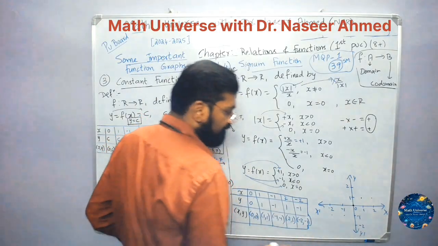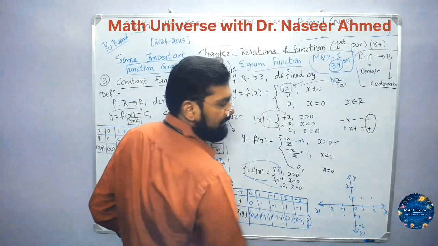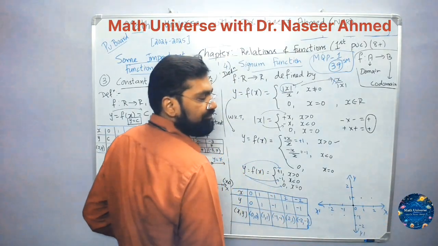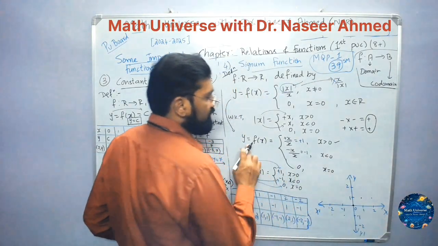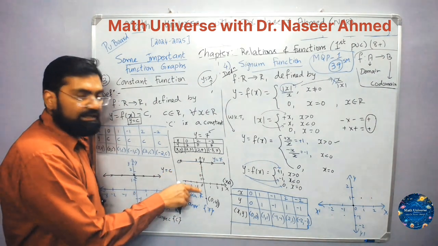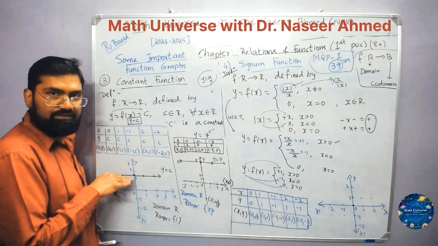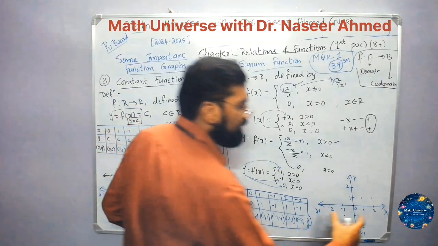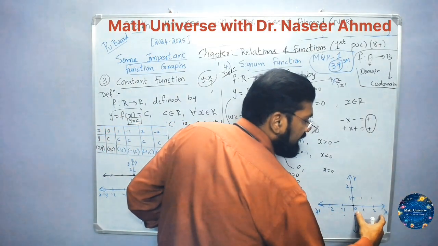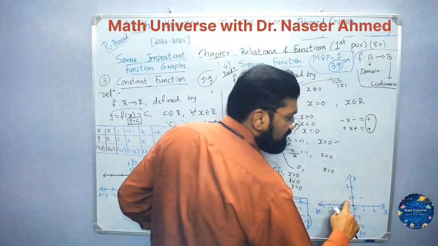So if you just see, whatever positive number I take, nothing but right of the y-axis, always the value is y equal to 1. Y equal to 1 means a line parallel to the x-axis. But now I am confining that when I am going towards the right of the y-axis, nothing but the positive part of the x-axis, my value is always 1.